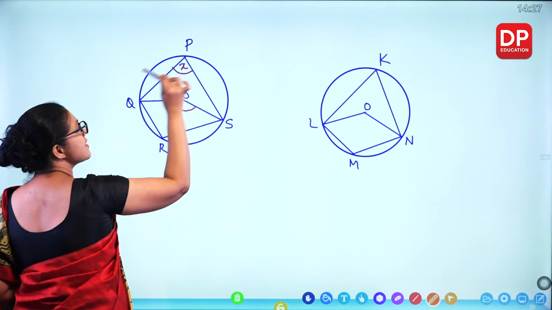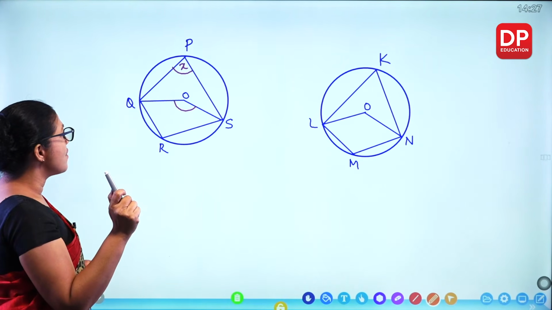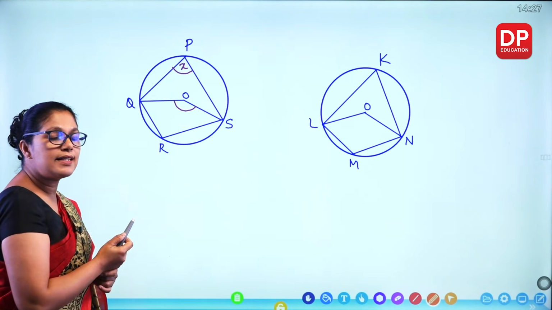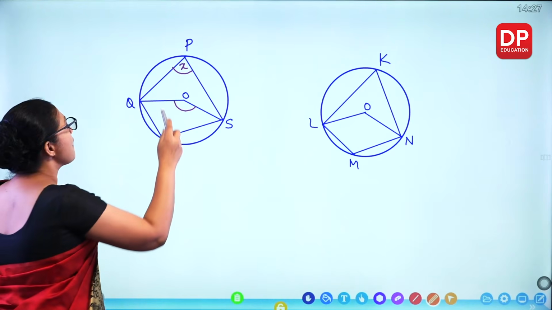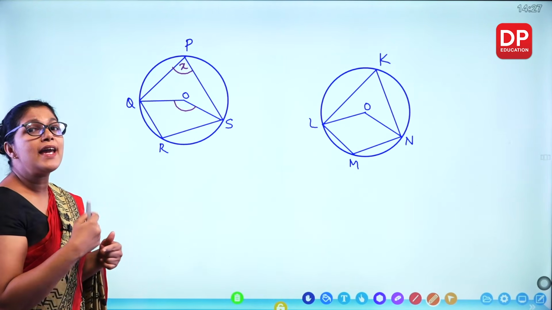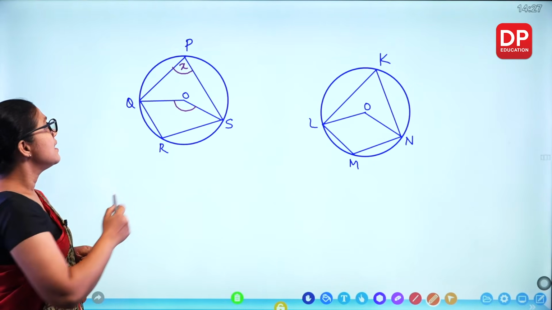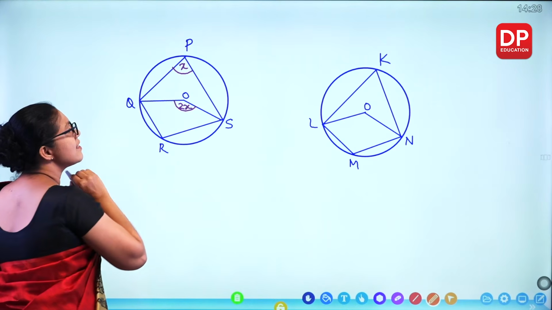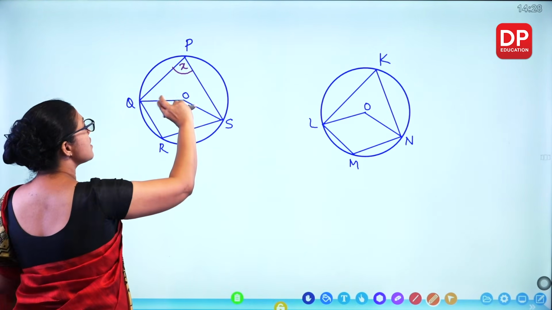If this is x, the angle subtended on the circumference is half of the angle subtended at the center. Or the other way, the angle subtended at the center is twice the angle subtended on the circle. So if this is x, this is 2x. Now the other way around.